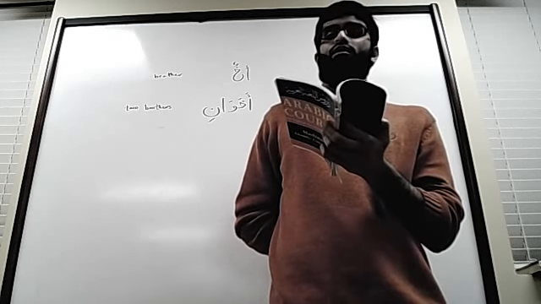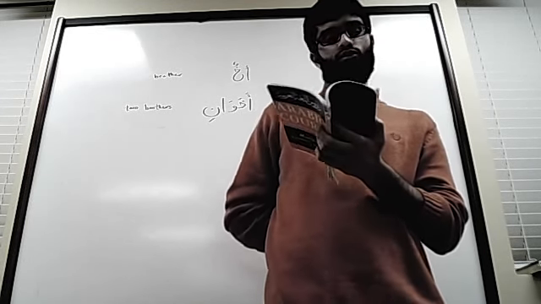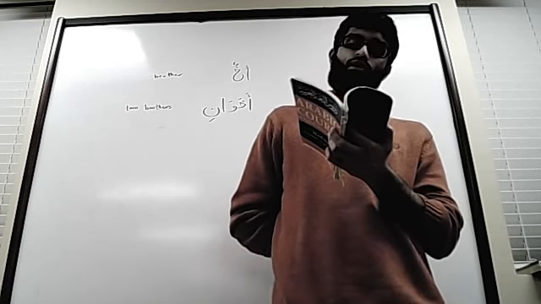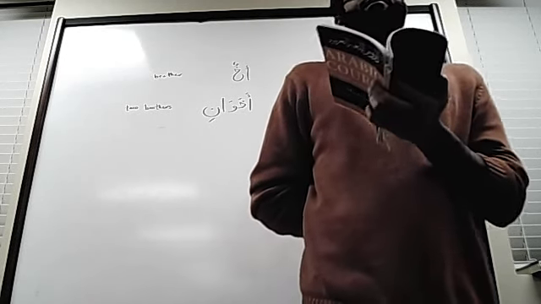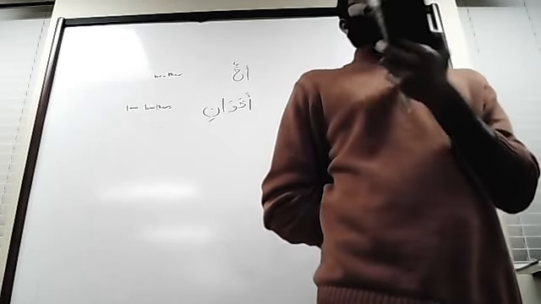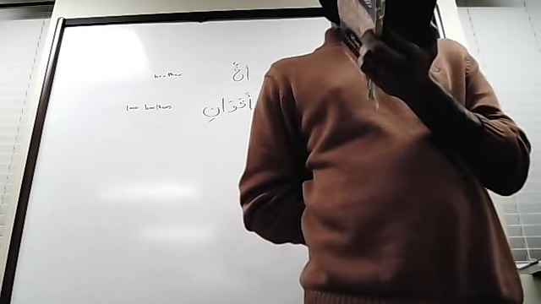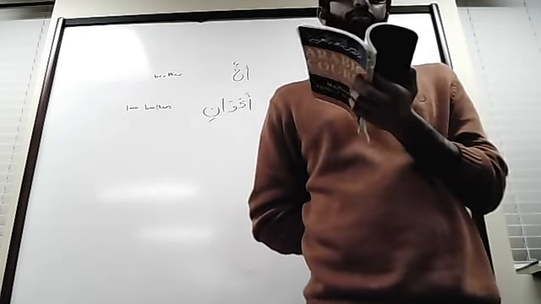How do you say two reals? ريالان. Indi riyalani. I have two reals. How do you say she has two reals? Instead of indi, to me, you're going to say to her. Indaha. Indaha riyalani. Okay?